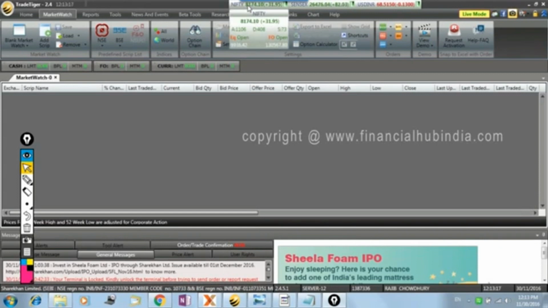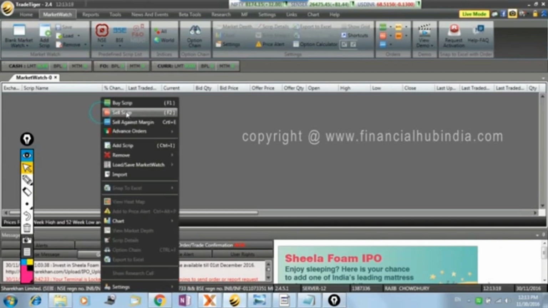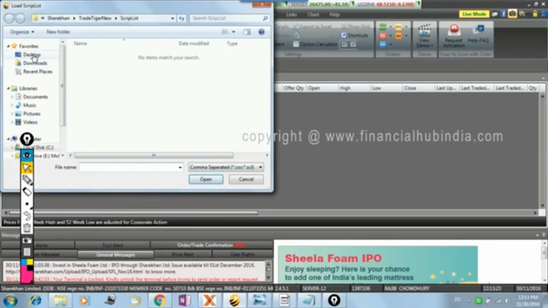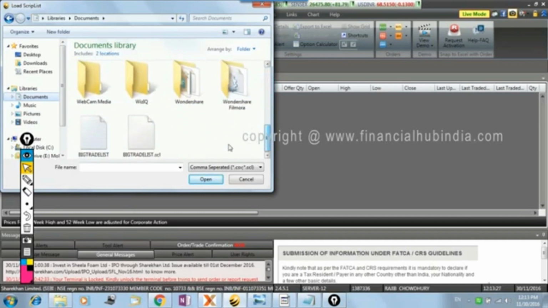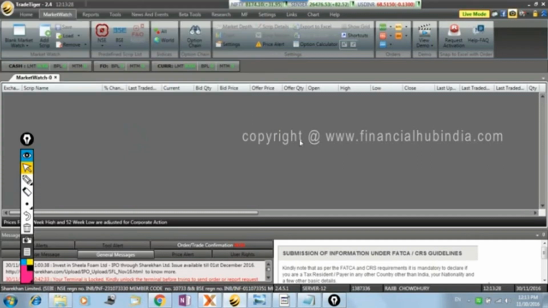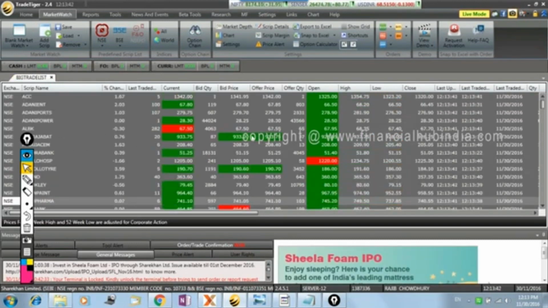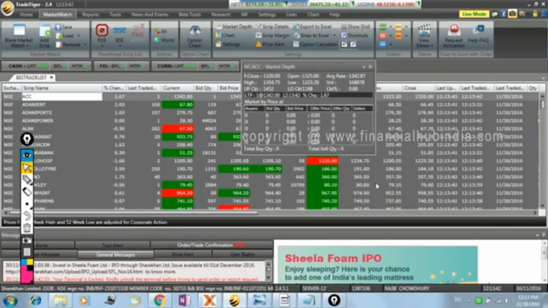So directly I'll go to the chart here. I'll open a script list of mine. I think in documents. Okay. So you double click on any script, and they will open the chart.